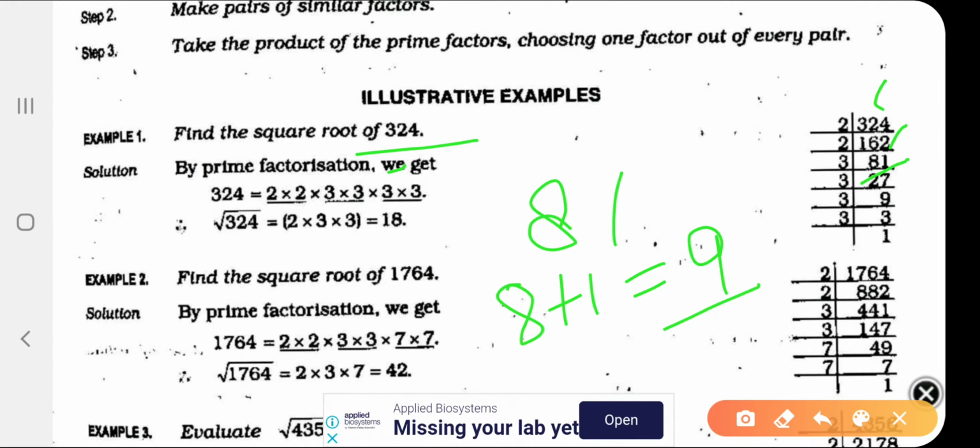Following the same rule, you have to keep dividing until you get 1 or any prime number as the quotient.